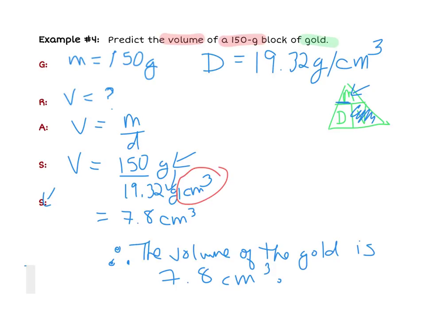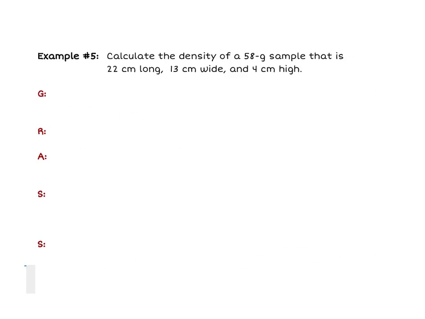All right, hopefully that went okay for you. Let's try one last example. All right, so this is our last example. It says calculate the density of a 58 gram sample that is 22 centimeters long, 13 centimeters wide, and 4 centimeters high.